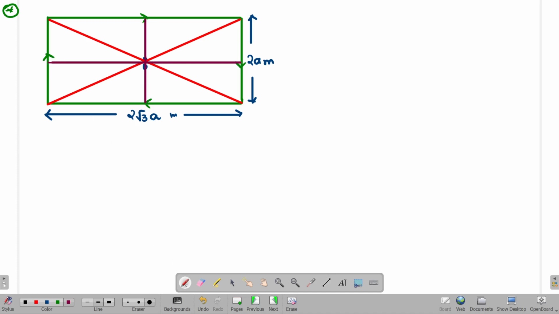As you can see, if this length is 2 root 3a, that means this half length I can find out. This is how much? Root 3, isn't it? And if that is twice a, then from here to here, it is only how much? A, isn't it? Let me mark it over here.